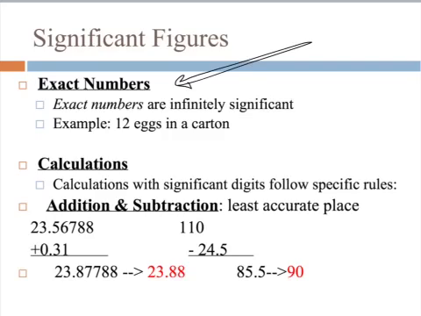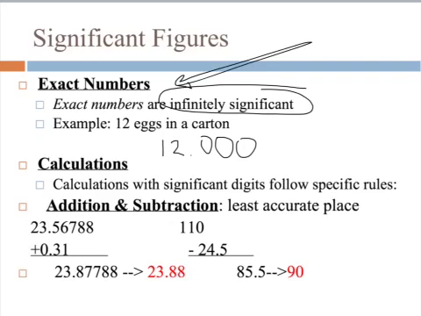We say that there are infinite sig figs, meaning if I said 12 eggs, then it's a perfect 12, meaning behind the decimal there would be 0, 0, 0, 0, 0, 0, 0, going on and on and on. As you can see, I ran out of room. Meaning it's a perfect 12.